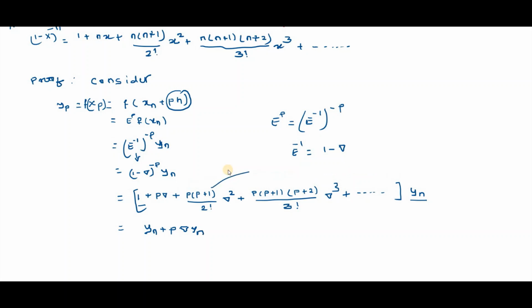Multiplying p into p plus 1 divided by 2 factorial del square into yn, we get p into p plus 1 divided by 2 factorial del square yn.